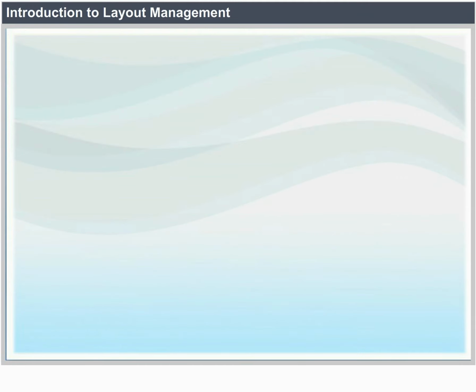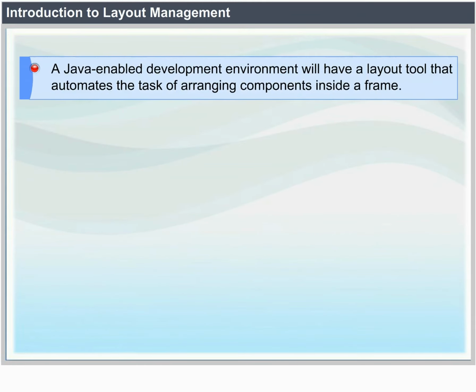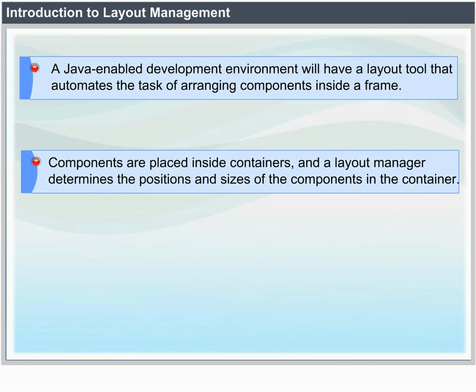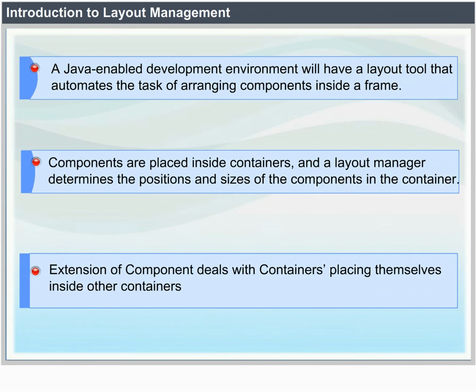Introduction to Layout Management. A Java-enabled development environment will have a layout tool that automates the task of arranging components inside a frame. Components are placed inside containers, and a layout manager determines the position and size of the components in the container. Buttons, text fields, and other user interface elements extend the class Component.